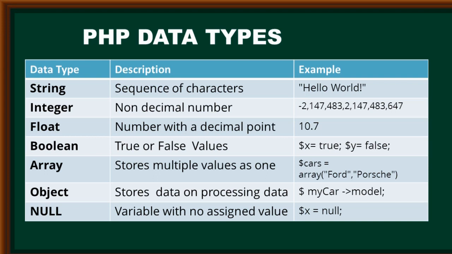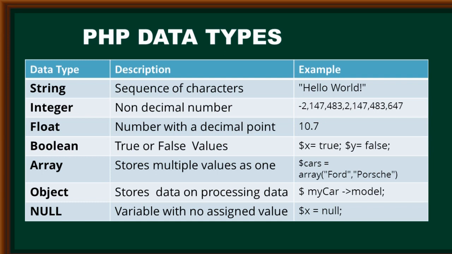The second data type is the integer. An integer data type is basically a non-decimal number. These are examples. The rules for an integer are that it must have at least one digit, and it must not have a decimal point, so an integer should be a whole number. An integer can be positive or negative.